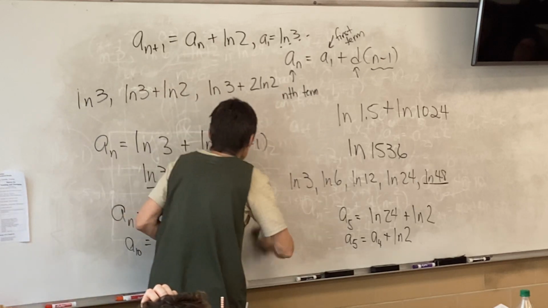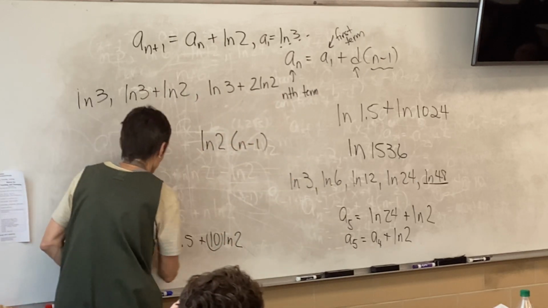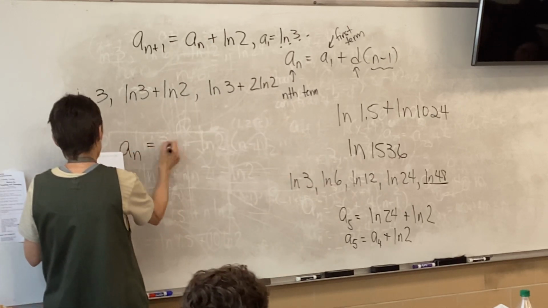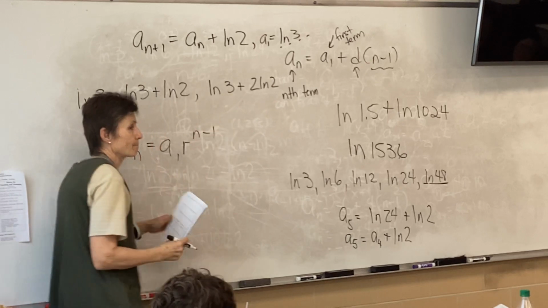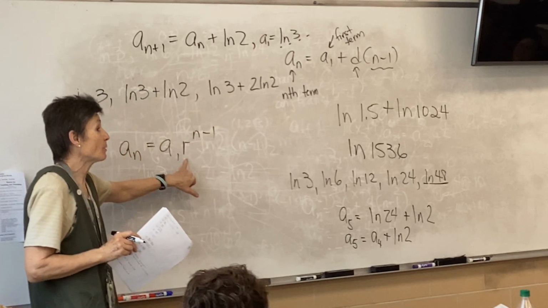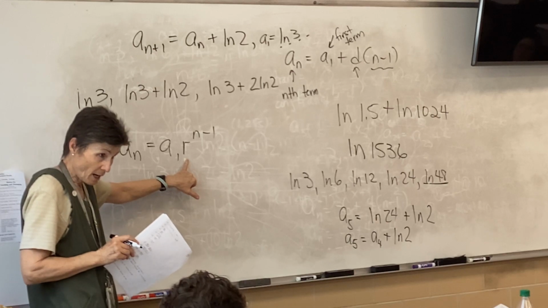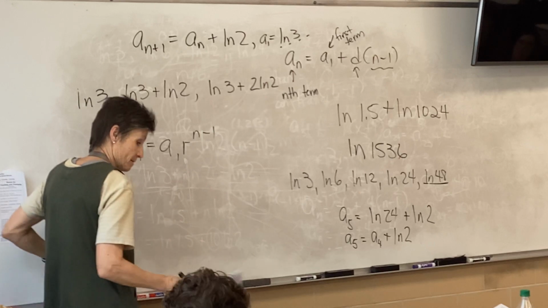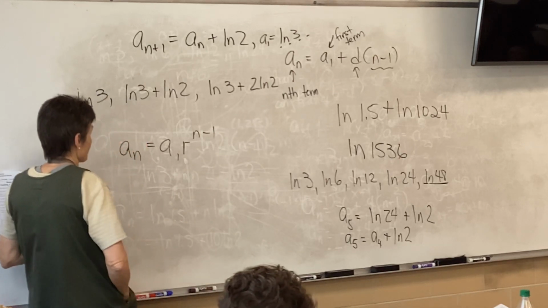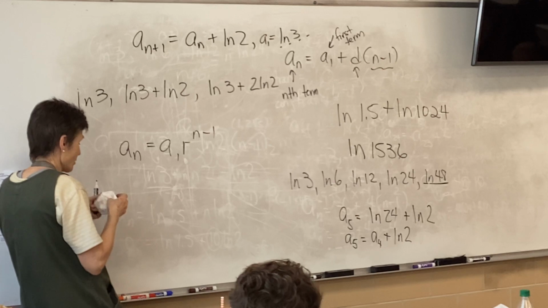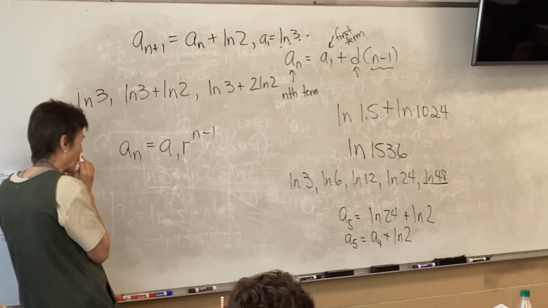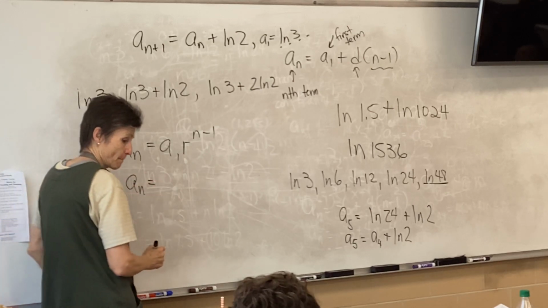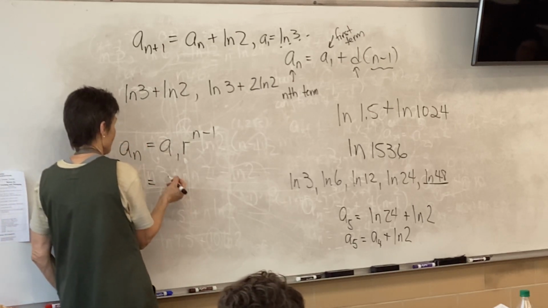All right, you can see the next thing there on the paper is our geometric formula. What do you think the R stands for? The ratio, which is the number that we multiply by. So for problem A, what is our explicit formula going to look like? A sub n equals, what's my first term? 3.